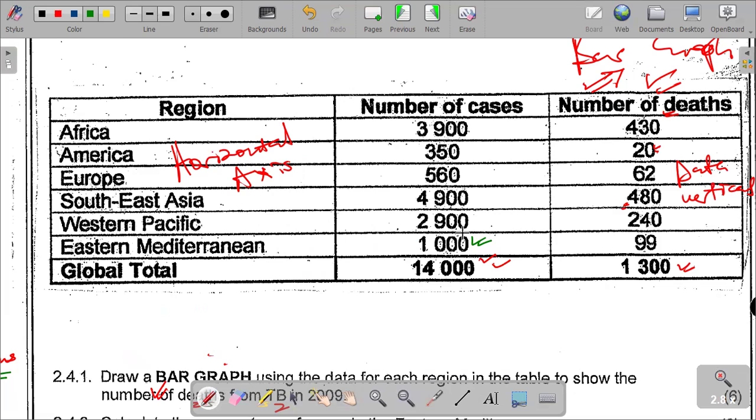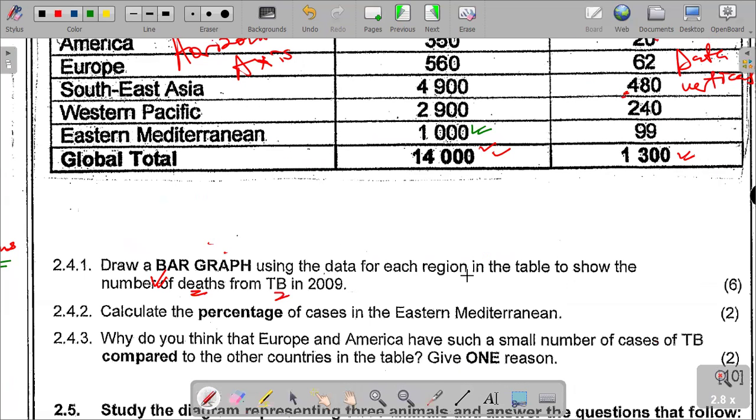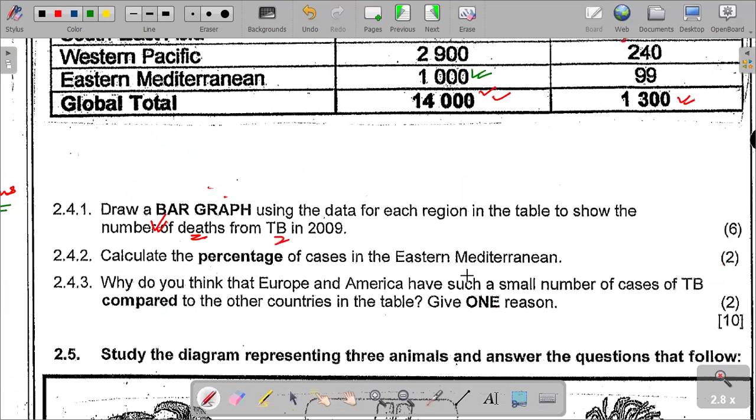We are given that it is 1,000 out of the total, which is 14,000. This is question 4.2.2: calculate the percentage number of cases.